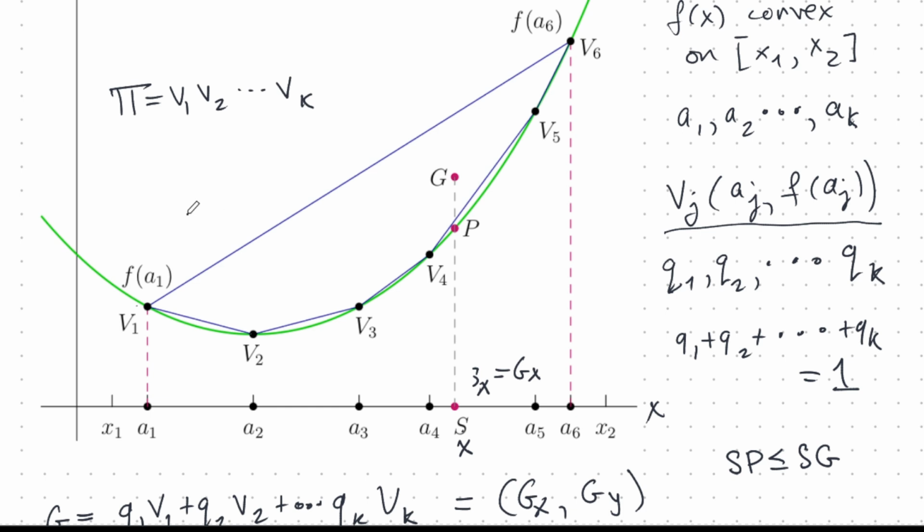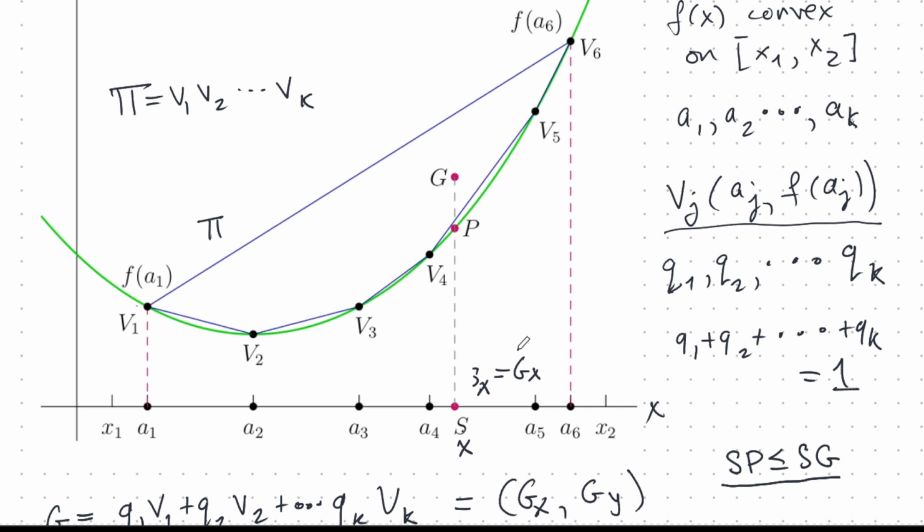Pi is the polygon made from all these vertices, so the centroid or weighted mean, okay, both of them have to be inside polygon pi. So, okay, that implies one thing, that SP has to be less than or equal to SG.